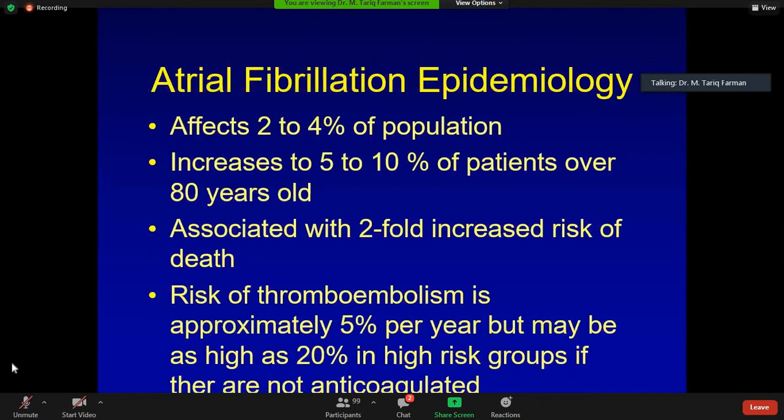Wherever this clot goes, it causes infarction: maybe cerebral stroke, liver, renal, splenic infarction, mesenteric infarction. But commonly, in clinical practice we have thromboembolic stroke, and the cause is most of the time atrial fibrillation.